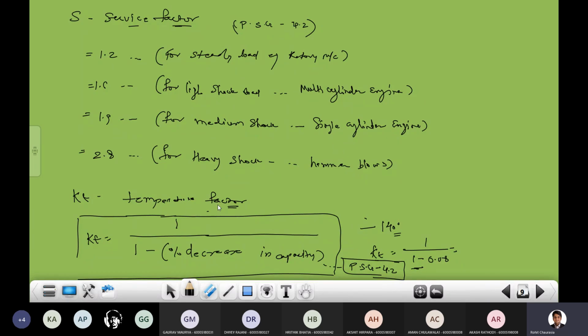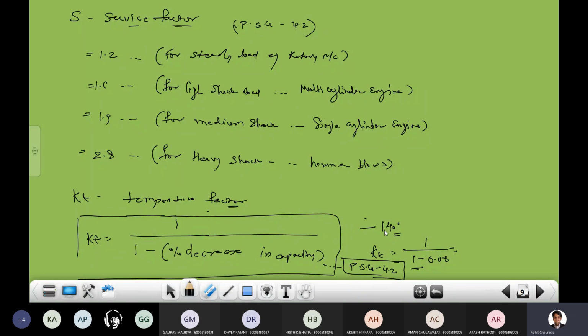Now this is the formula to calculate the KT factor. This KT factor is nothing but the temperature factor. This temperature factor is nothing but 1 by (1 minus the percentage decrease in capacity). This percentage decrease in capacity we can find from PSG page number 4.2, and how to calculate this decrease in capacity we have already seen in a previous lecture.